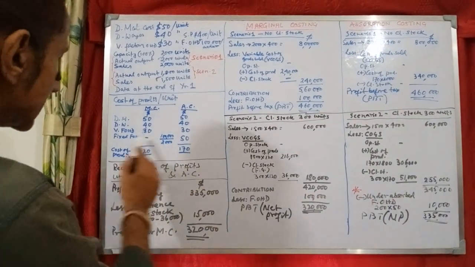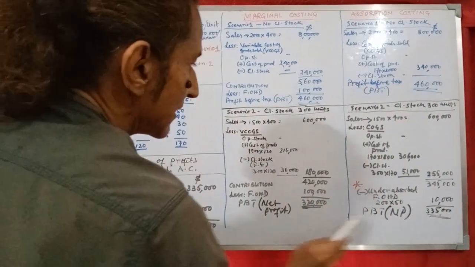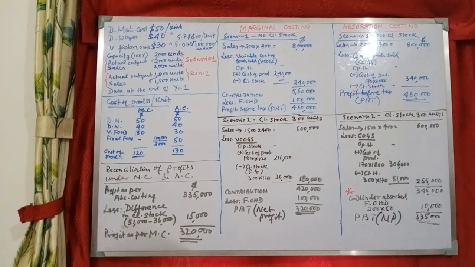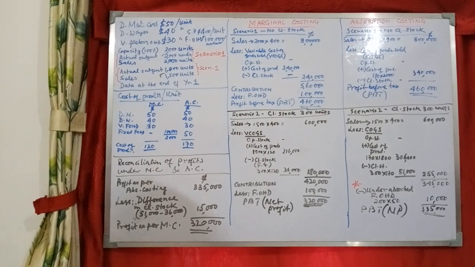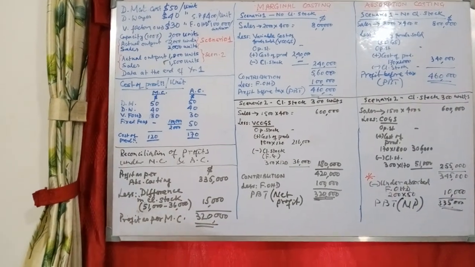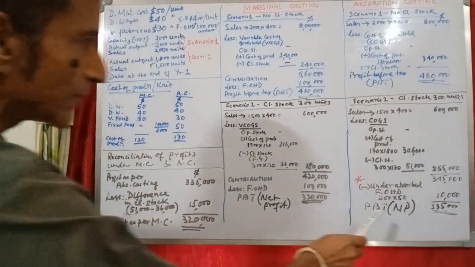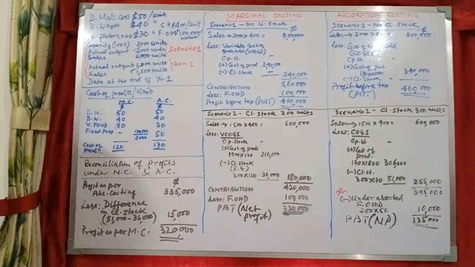Now in this section we have reconciled these two profits as we do in case of bank reconciliation statement in financial accounting, where we reconcile the balance as per bank statement with the balance as per the cash book of the firm.